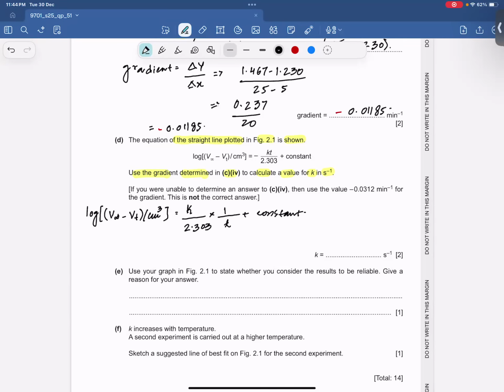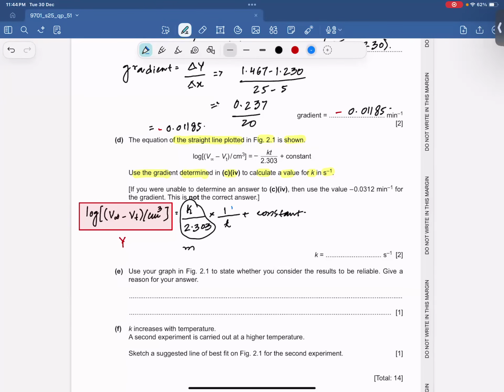Okay. So technically this entire thing is the y-axis. This entire thing is basically the gradient, and it's represented by m.